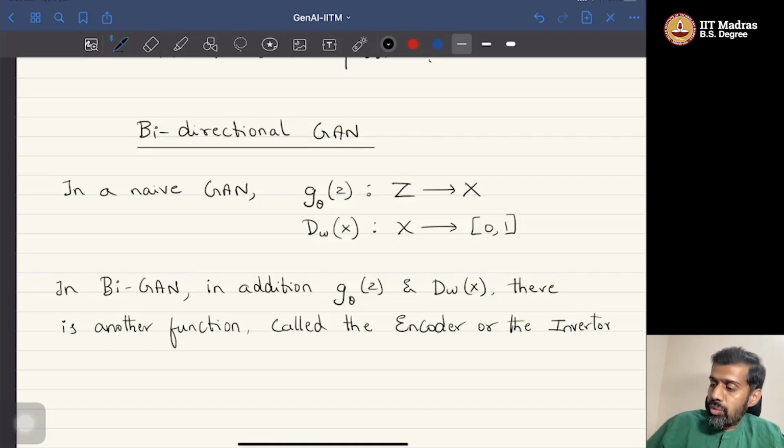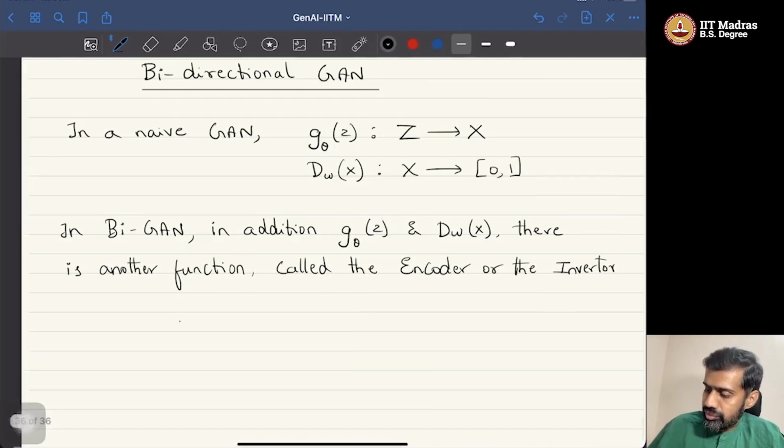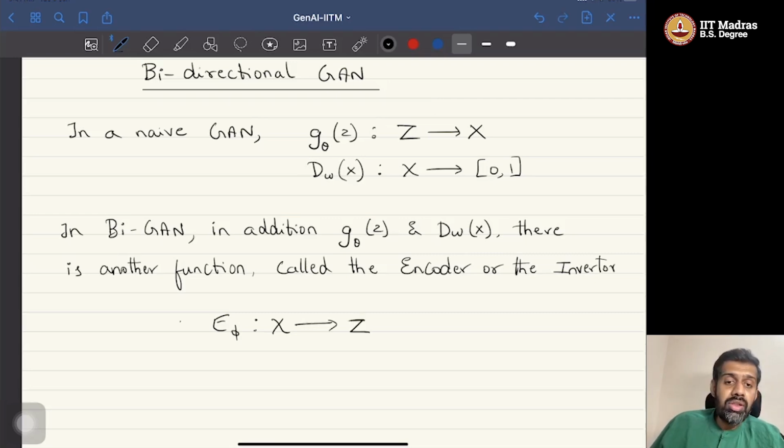Inverter function. What would this inverter function do? I mean, one can easily guess. Let's call this E phi. This E phi would take samples from the data space and map it to samples from the input Z space. Okay, that is what the encoder function would do, and it is parameterized by another neural network phi.